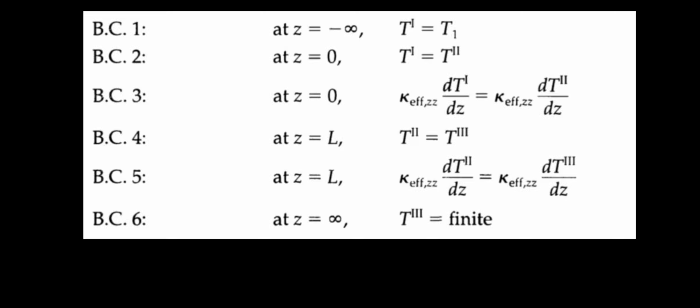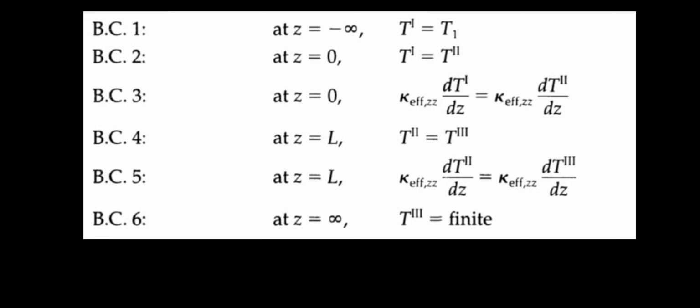And now boundary conditions 4 and 5. At the interface between zone 2 and zone 3, that is at z equals L, similar to the first interface, we again have continuity of temperature and heat flux. Now we will discuss continuity of temperature. T at z equals L negative is equal to T at z equals L positive. The temperature must be continuous as the fluid moves from the catalytic zone to the exit zone.